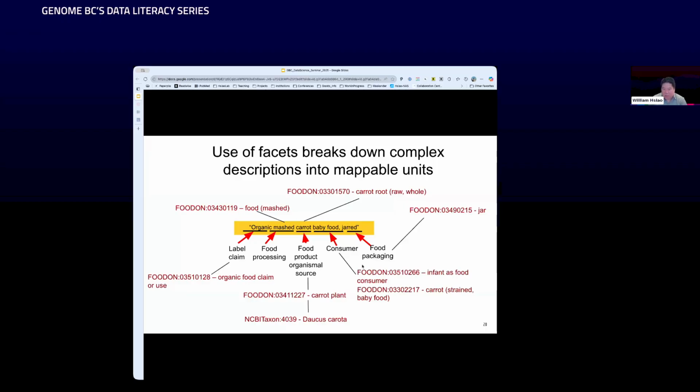Each of these essentially is an independent term in food but can be combined together to describe a complex idea. And this takes away any assumptions that are built into a specific domain as much as possible.